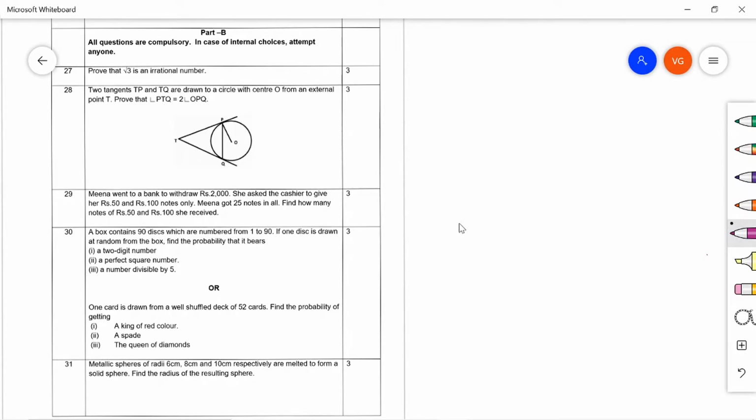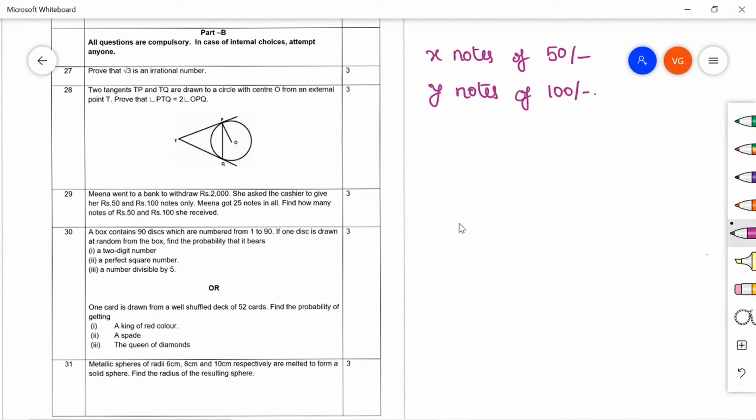So this is the word problem. Read the question properly 1 to 2 times, then start solving. So you are given two conditions. First assume there are X notes of 50 rupees each and Y notes of 100 rupees each.